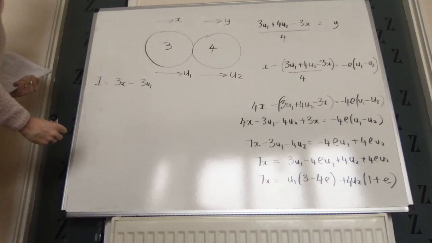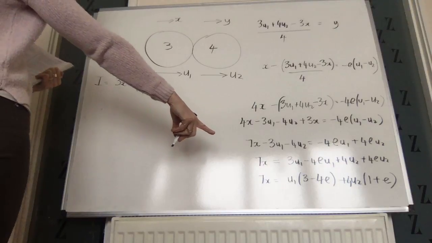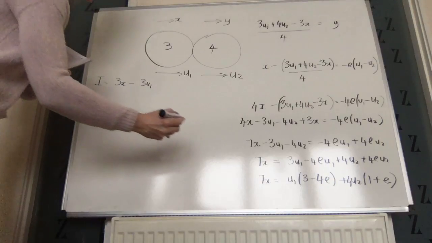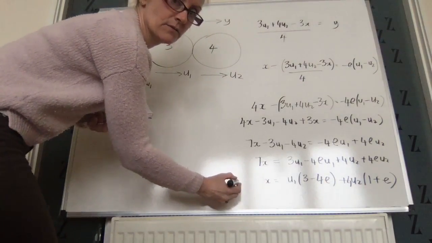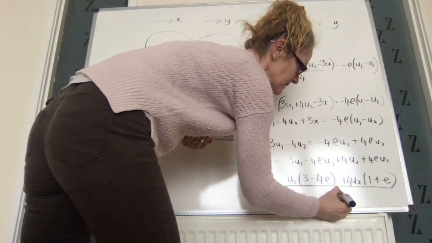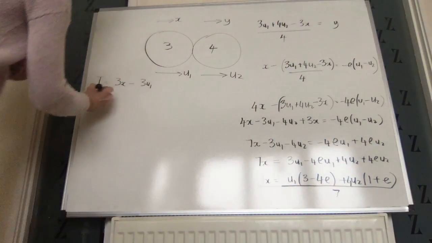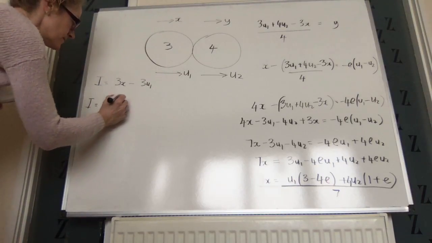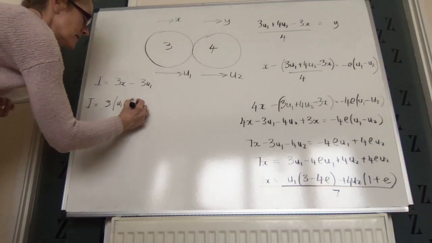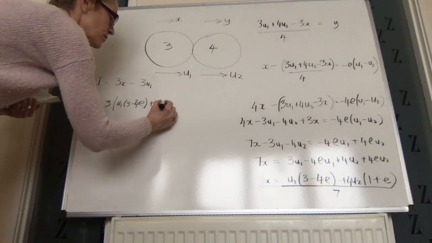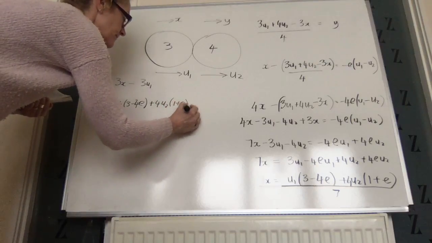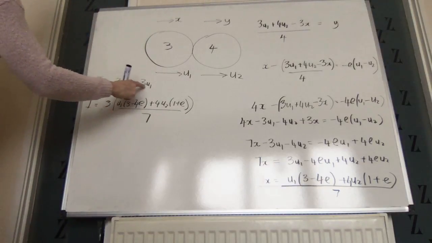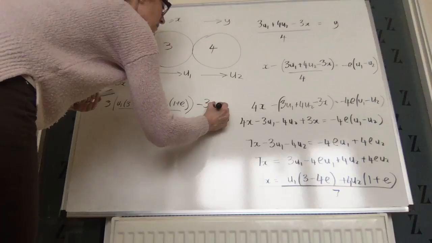Basically 7x is that, so x is all of that divided by 7. So the impulse is 3x, so 3 times (u1 times (3 minus 4e) plus 4u2 times (1 plus e)) all over 7, and minus 3u1.